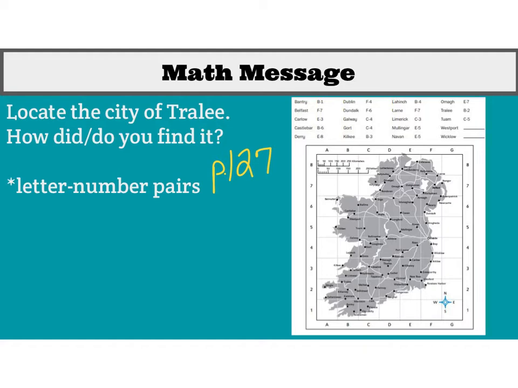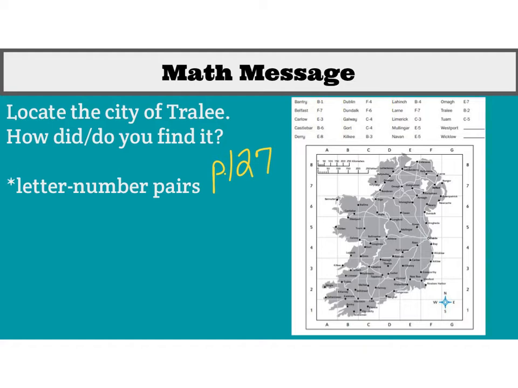So if you noticed, up here at the top, we have a letter and a number for the city of Tralee. If you took a look at the map very carefully, you might have noticed that there are some letters going along the top, and there are numbers going along the side, and then we also have letters at the bottom.